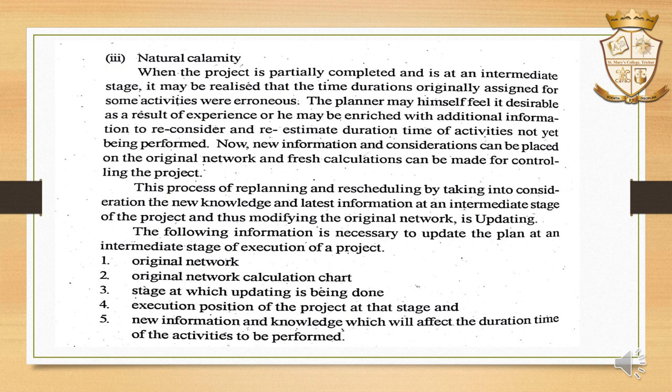These are the steps followed in updating. First, we have to draw the original network, then the original network calculation chart, the stage at which the updating is being done, the execution position of the project at that stage, and the new information and knowledge which will affect the duration time of the activities to be performed. These five pieces of information are needed to update a project.